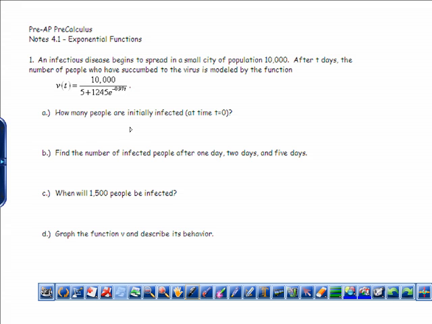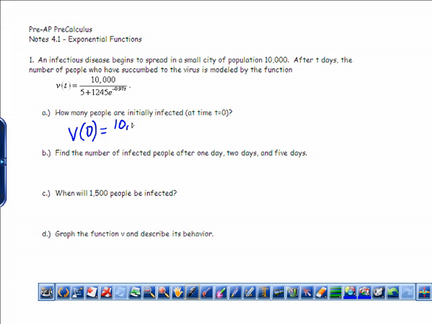All right, so how many people are initially affected at time t equals 0? So this is where we're just finding v of 0. Now, if you think about it, you can do this one by hand because e, the natural number, which is associated with natural log, is a number. So when I take it to the power of 0, e to the power of 0 is just going to be a 1.